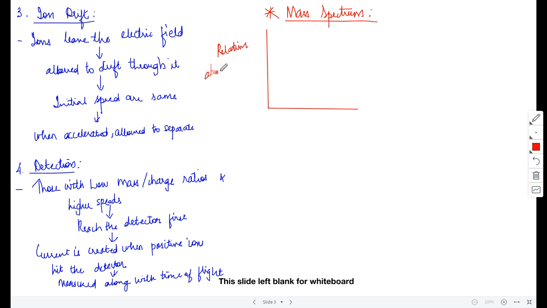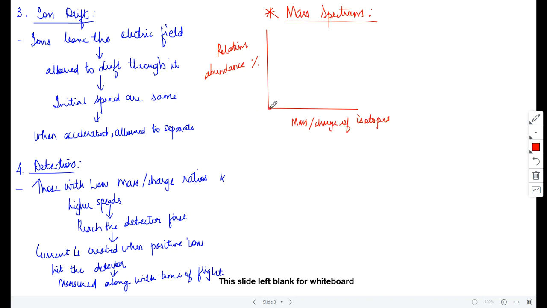You know what is relative abundance in isotopes? It's combining all of the isotopes' masses. Relative abundance percentage, and here will be the mass or the charge of isotopes.